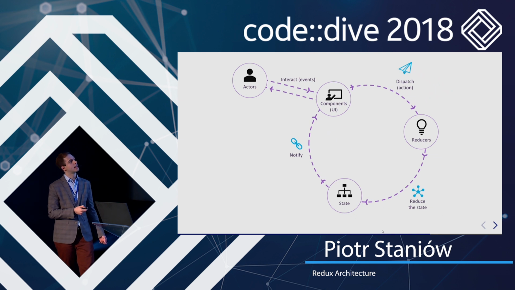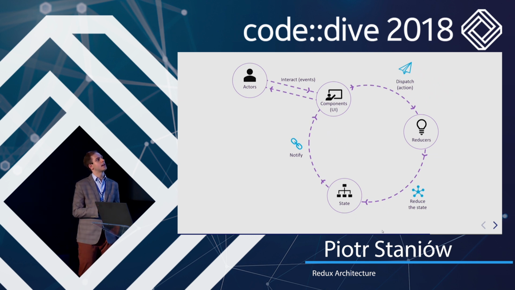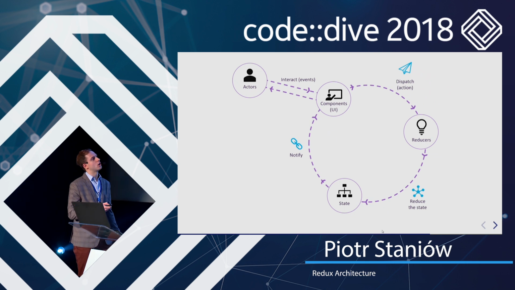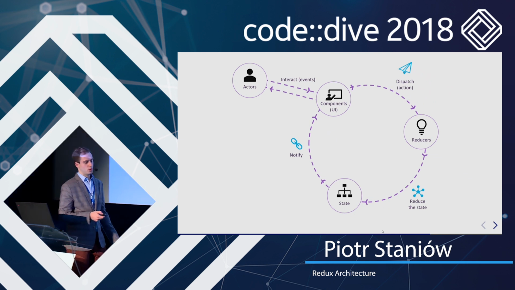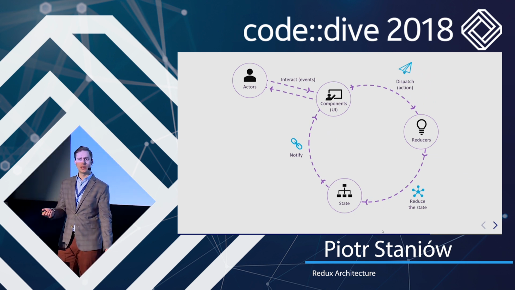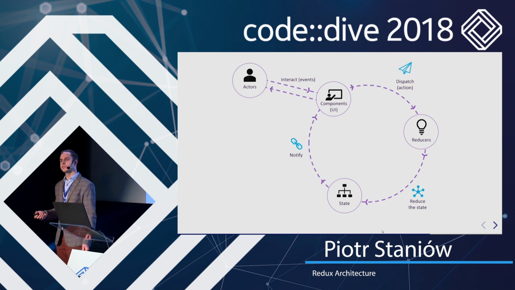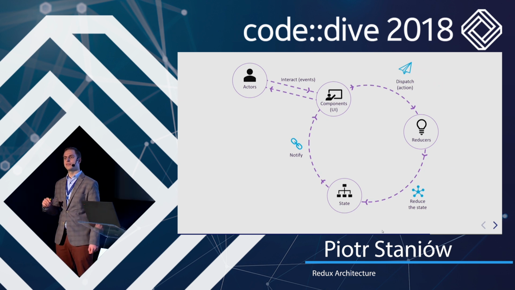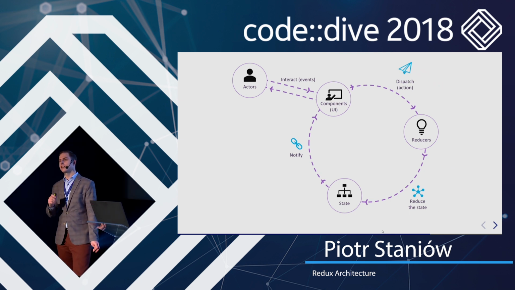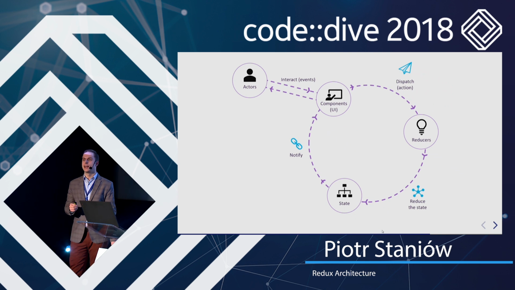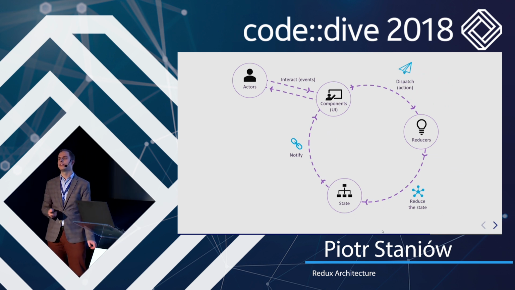And as such, the action goes to reducers. Reducers? Well, Redux has plenty of new names, but a reducer is simply a function. It is a function that accepts a state, the current state of your app, and an action, and it returns a brand new state.